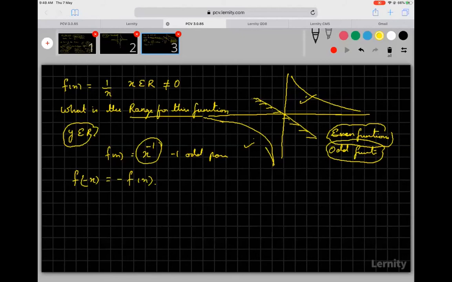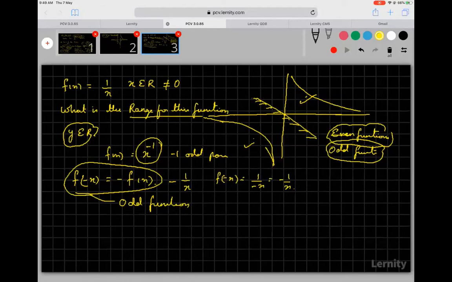For example, if I have 1 by x, f of minus x is 1 by minus x, so that is minus 1 by x, which is minus f of x. If this relation is true, then it is an odd function. If f of minus x is equal to f of x, then it's an even function.